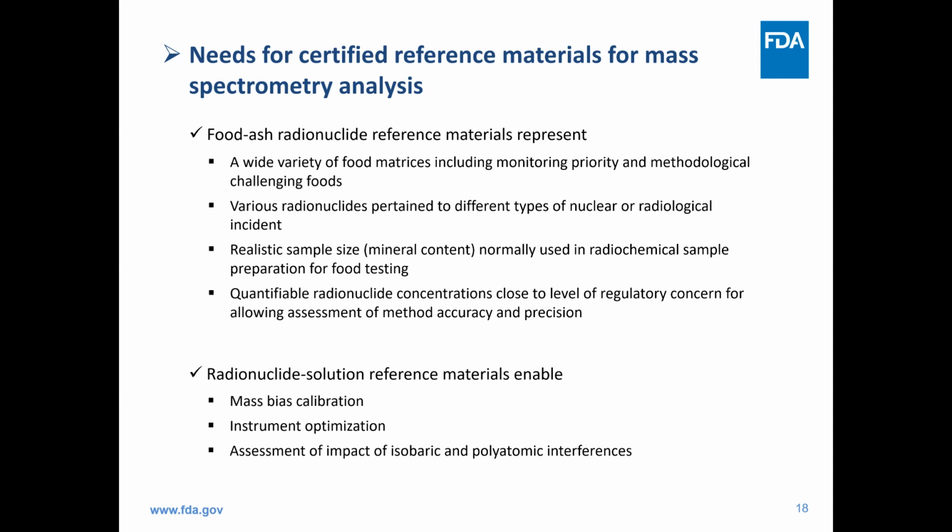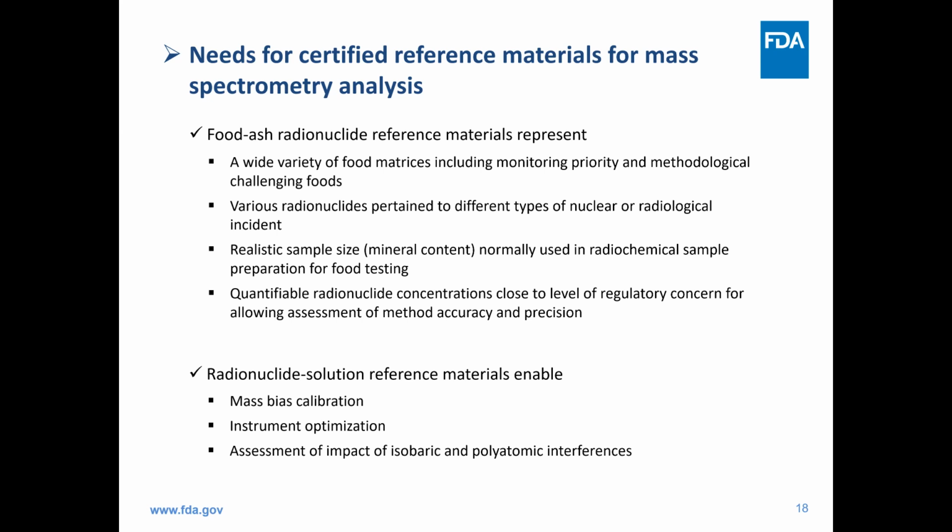Quantifiable radionuclide concentration close to the level of regulatory concern allows assessment of method accuracy and precision. That's important because many of the reference materials out there are very low. They are intended to challenge the laboratory to make an ultra low level measurement.